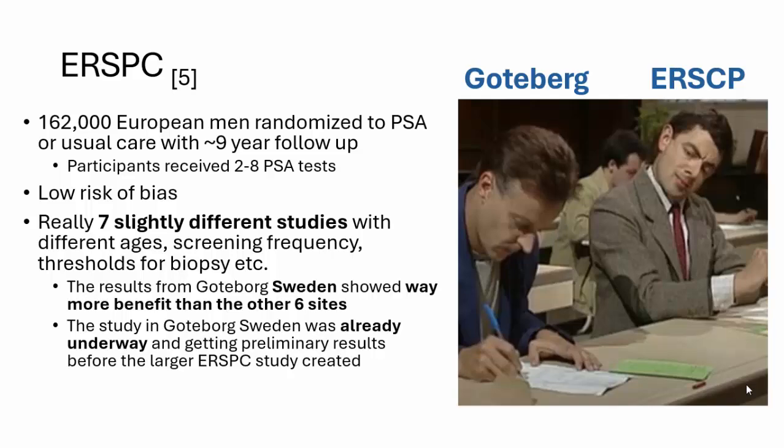And the fact that this one site that was added in a somewhat atypical fashion also was the one that showed way more benefit than the other sites further leads to some questioning of what this could really mean.